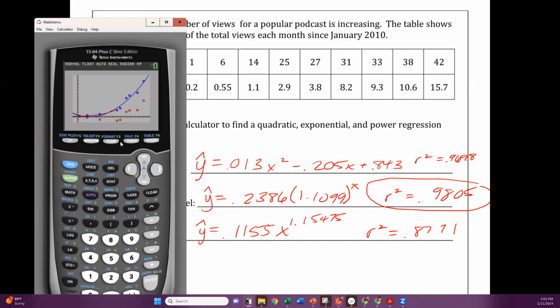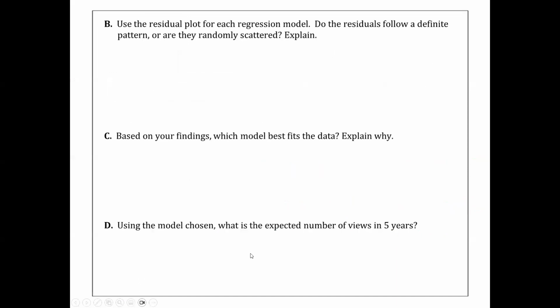But if I was to do it individually and check out the points, how would they look and what would describe? I'm going to write it out for you guys. So for the quadratic, the residual graph would be random. So it would be randomly scattered.